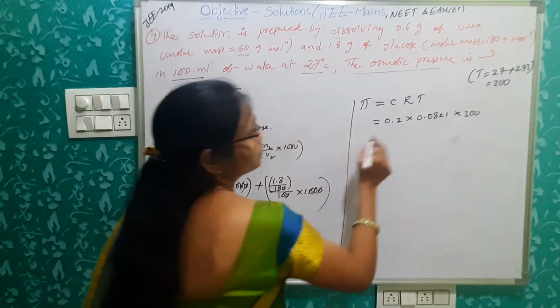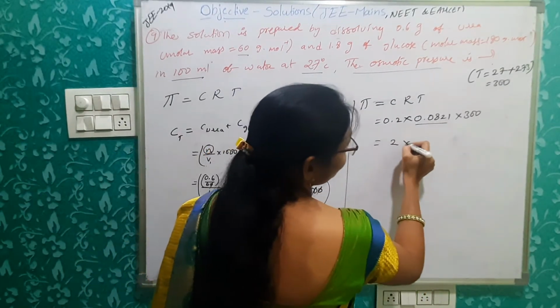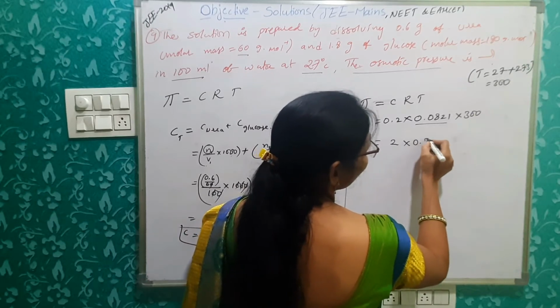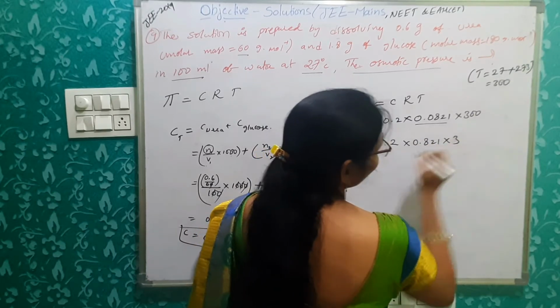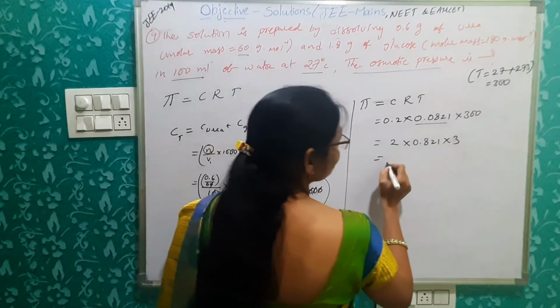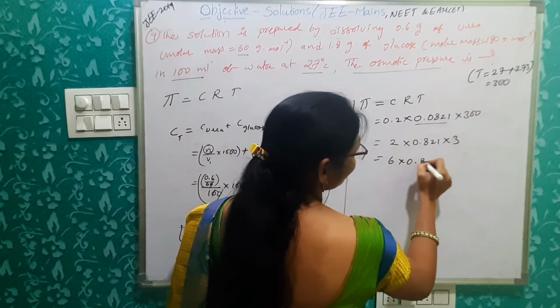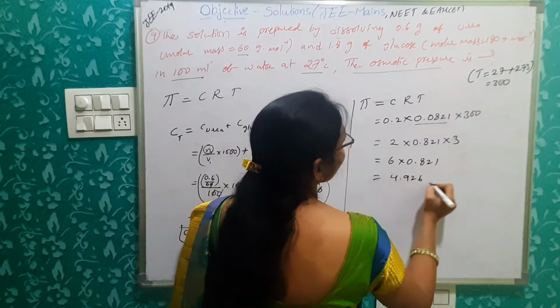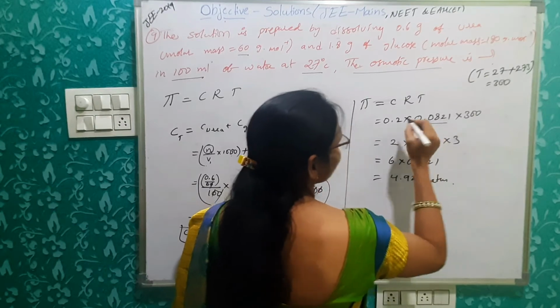Okay. Now 0.2 into 0.0821 into 300. 3 2s are 6 into 0.821. How much? 4.926 atmospheres.